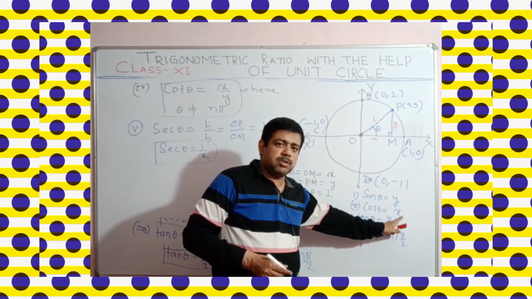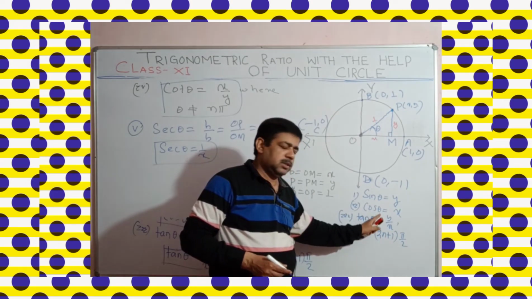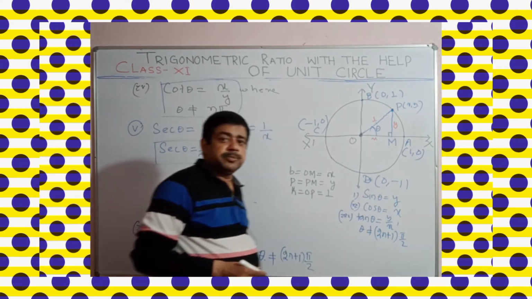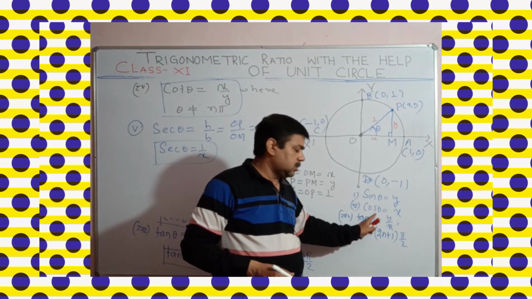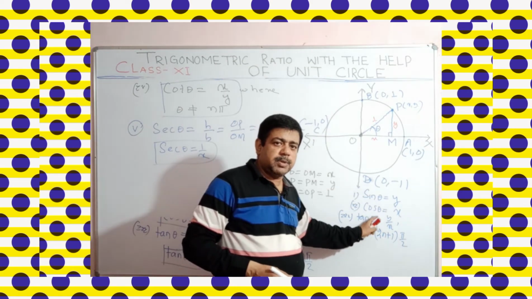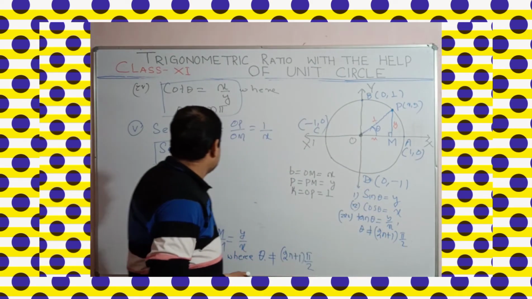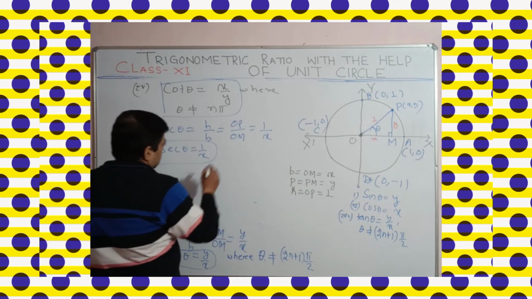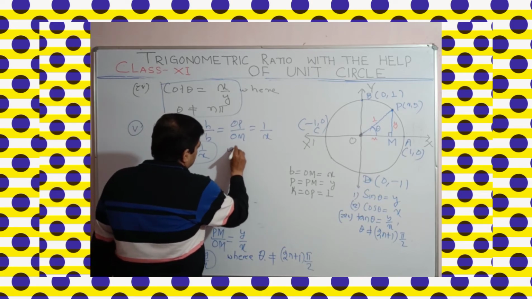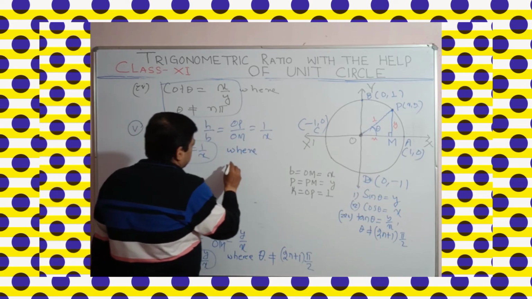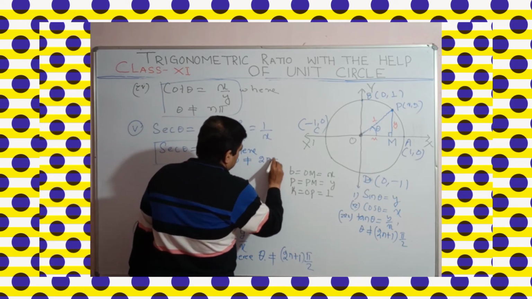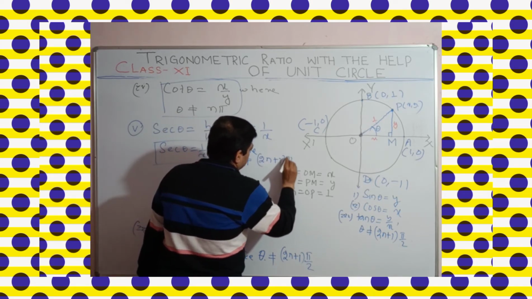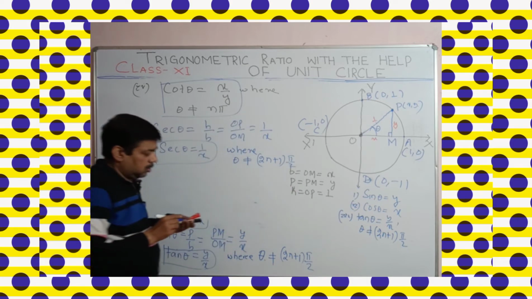When will x be 0? If theta is an odd integral multiple of pi by 2. So if theta is an odd multiple of pi by 2, then cos theta will be 0 and x will be 0 as a result, and sec theta cannot be defined. So the condition is that sec theta is equal to 1 by x, where theta is not equal to an odd integral multiple of pi by 2.